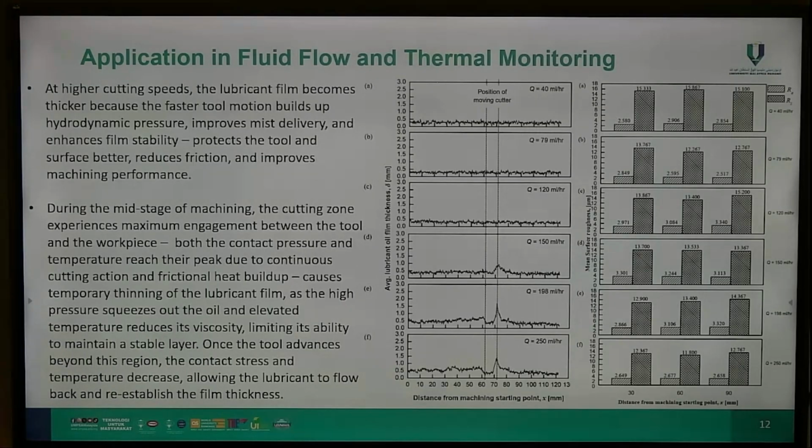I didn't prepare a slide, but I'm currently working on temperature analysis using rhodamine B to get the temperature of the lubricant during the same machining process. We are still investigating because the temperature of the cutting process is much larger than 100, even 1000 degrees Celsius, so rhodamine B cannot work like that.